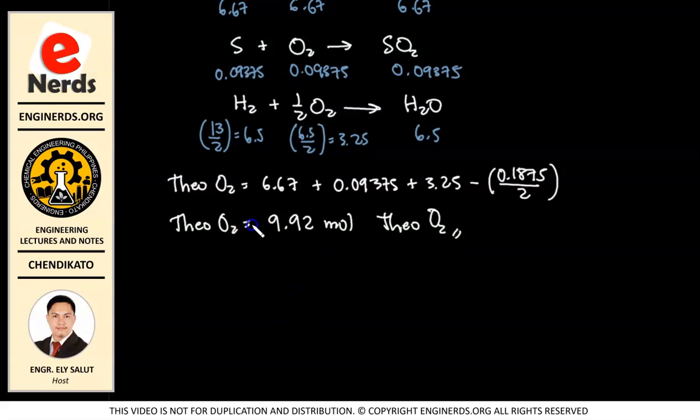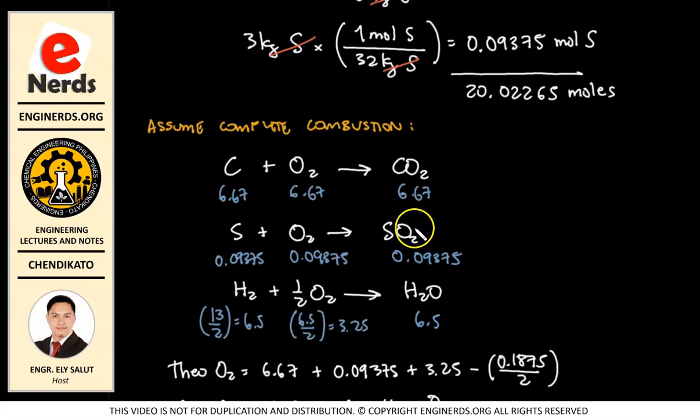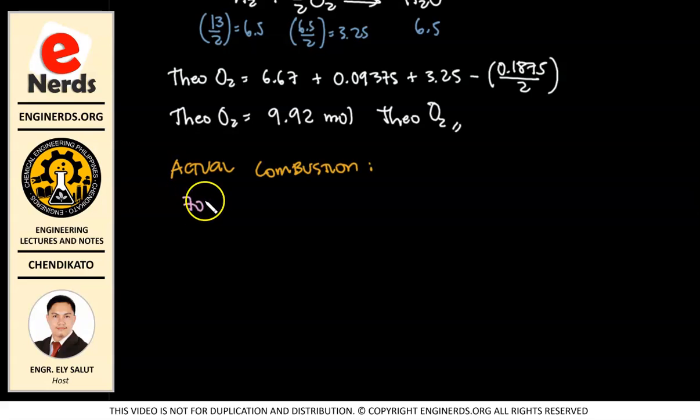Now let's go with the actual combustion, which is what actually happens. In this case, we are going to consider the given information, in which 70% of the carbon is converted to CO2 and 30% of the carbon is converted to CO. Let us start with this one: 70% of the carbon is converted to CO2.